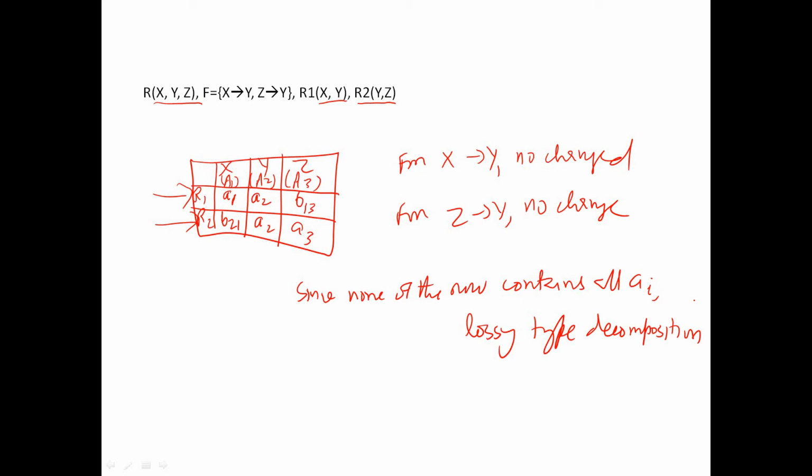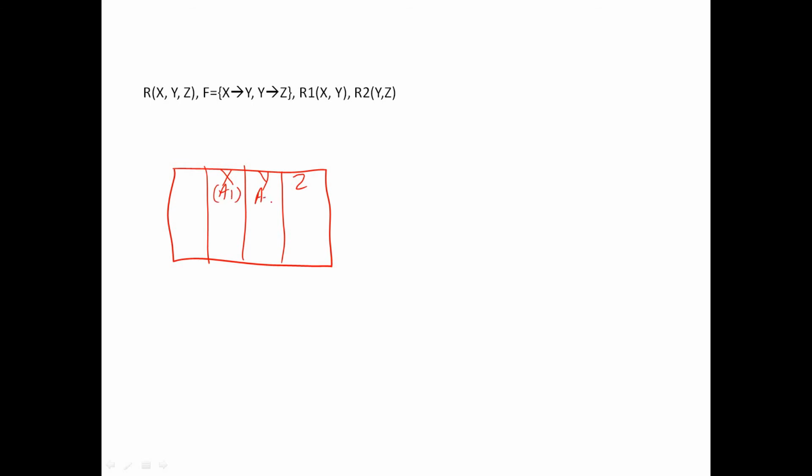Let's see another example, just by changing the functional dependency a little bit. So here also there are 3 columns, X, Y, Z. I can rename them as A1, A2, A3. R1 is there, R2 is there.